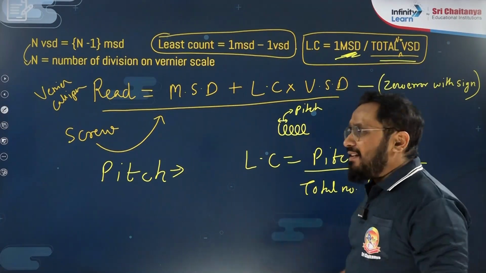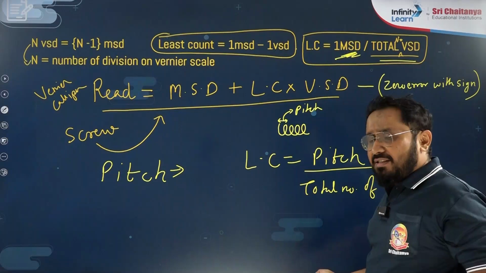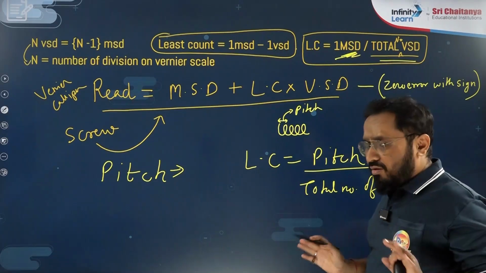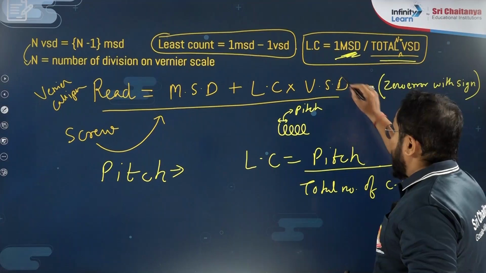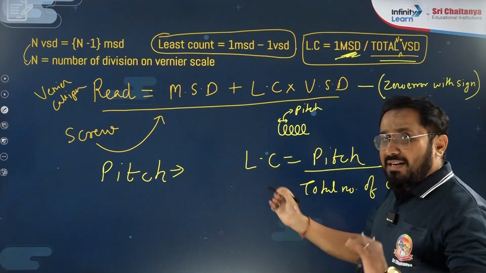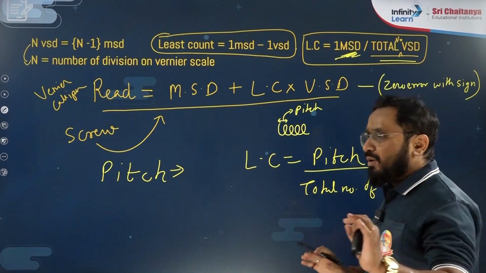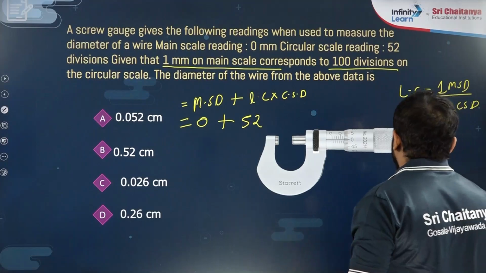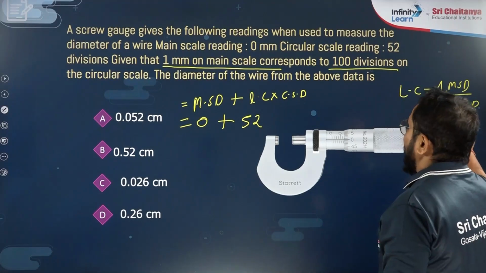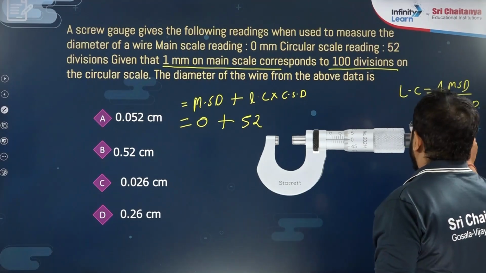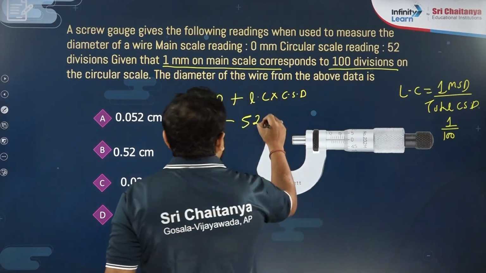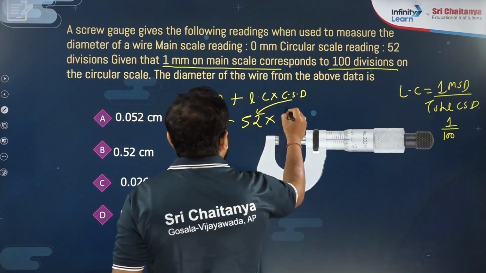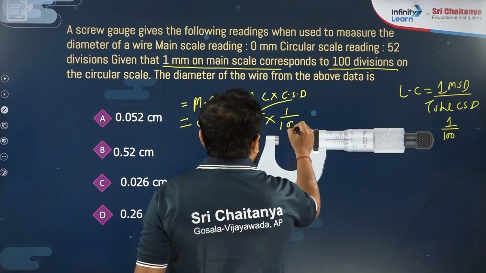VSD for vernier scale, CSD for screw gauge. Don't get confused. Simply in place of VSD, CSD is substituted when the screw gauge comes. Is this clear? So that is 1 mm divided by 100. So that means 52 CSD multiplied by 1 mm divided by 100.